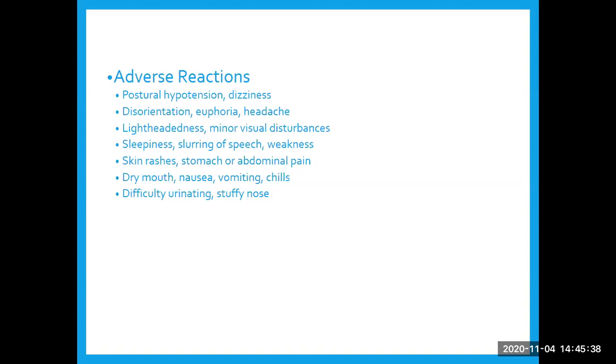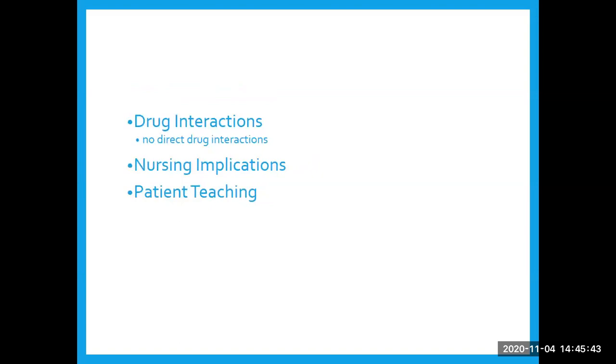When it comes to drug interactions with clonidine, because it is given by epidural, it has no direct drug interaction. However, if a patient also takes another drug for blood pressure management, even epidural clonidine can make hypotension worse.